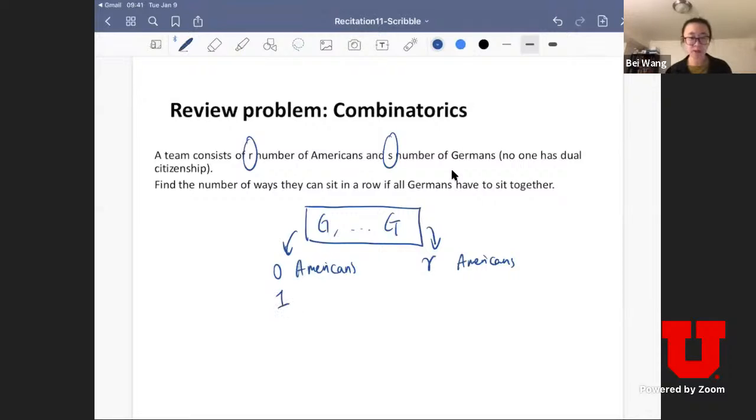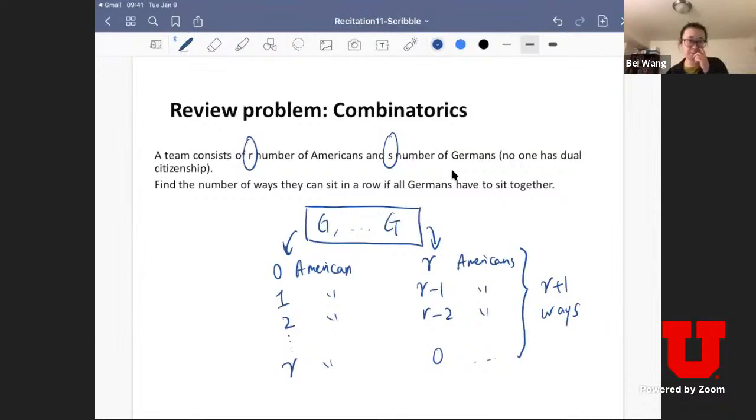Now you can have 1 American to the left and r minus 1 to the right, and so on. Finally, you can have r Americans on the left and 0 on the right. Those are all possible ways of looking at the relative position between American and German students. So in total, there are r plus 1 ways to split the Americans into 2 parts, to the left of the German students and to the right of the German students.